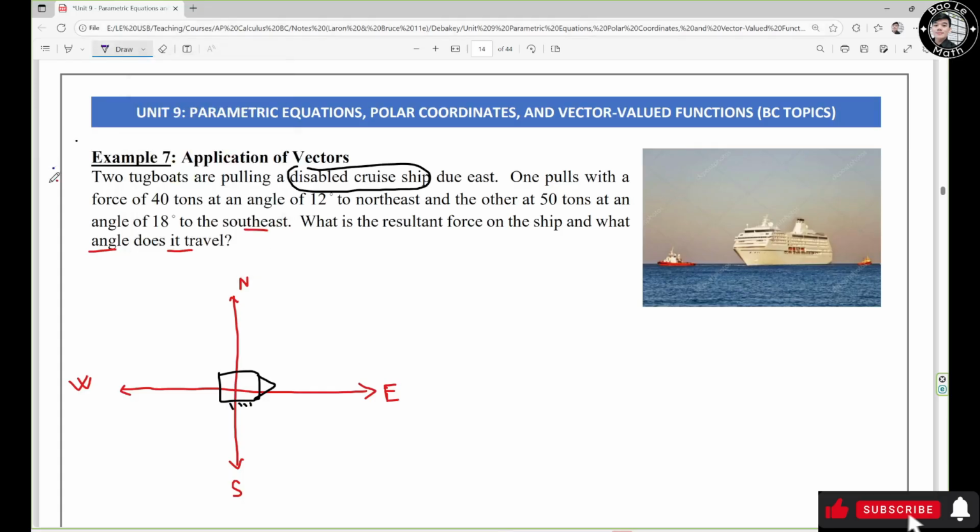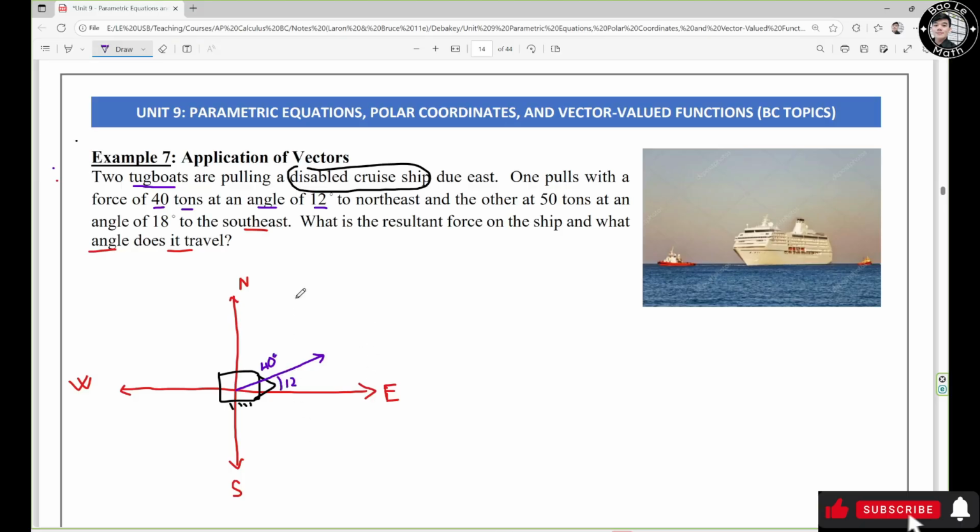Now we have two tug boats. One pulls with a force of 40 tons at an angle 12 degrees to northeast. So northeast means it's going to be this direction, right? So 40 tons at an angle 12 degrees, it could be something like this, 40 and the angle right here 12.